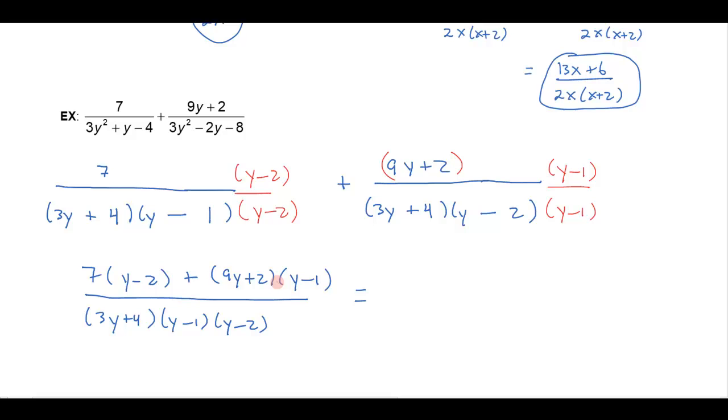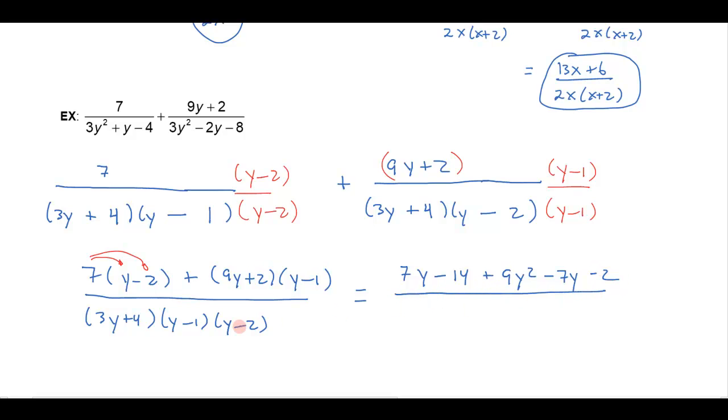Notice I'll multiply it out and I'll have some terms that will combine. So I'm going to get 7y minus 14, because I have to distribute, of course. And then here I need to FOIL this out. So that's going to be 9y squared, and that's a negative 9y, plus 2y, that's negative 7y, and then minus 2.